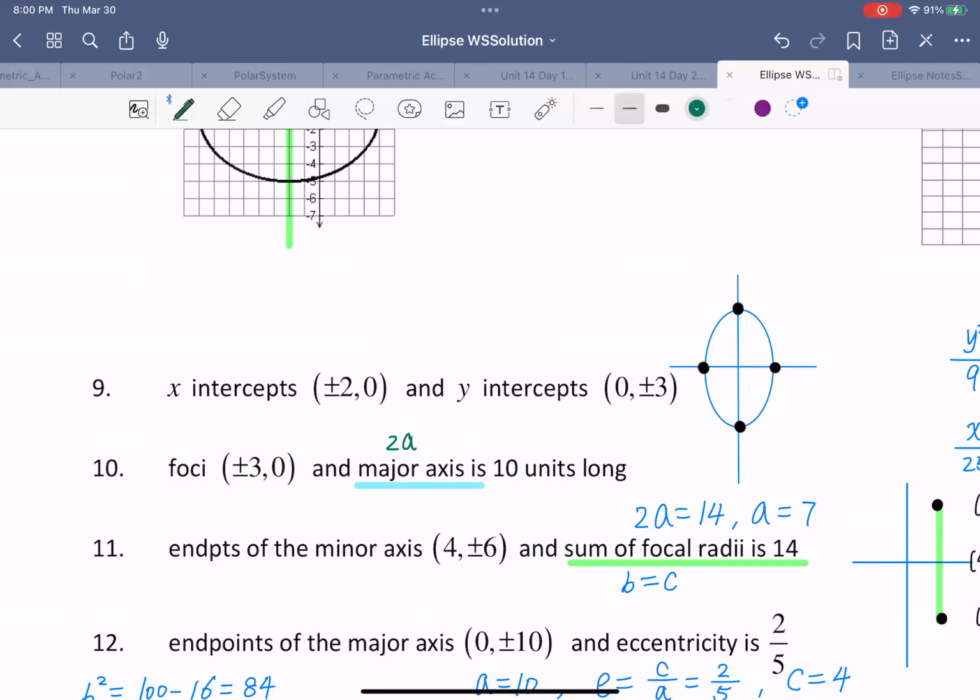So your C is going to be 3. And your major axis length is 10. So A is how much? 5. Can you get B squared? B squared is 16. Yes, B squared is A squared minus C squared.